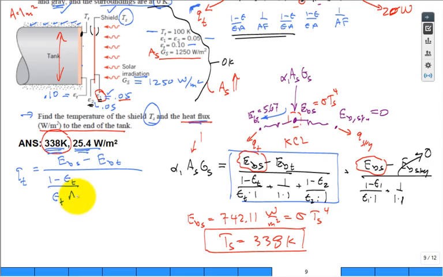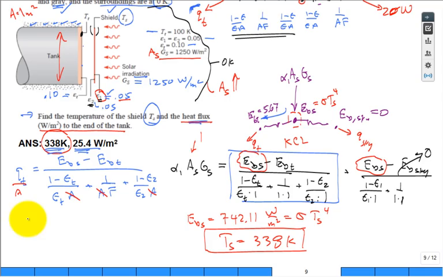Emissivity of the tank area, then you have plus 1 over area view factor, which is 1. And then you have 1 minus epsilon 2 over epsilon 2 area. If you multiply both sides of the equations by 1 over A, it cancels all these A's because they're all the same area. And now I have it in terms of flux. Okay.